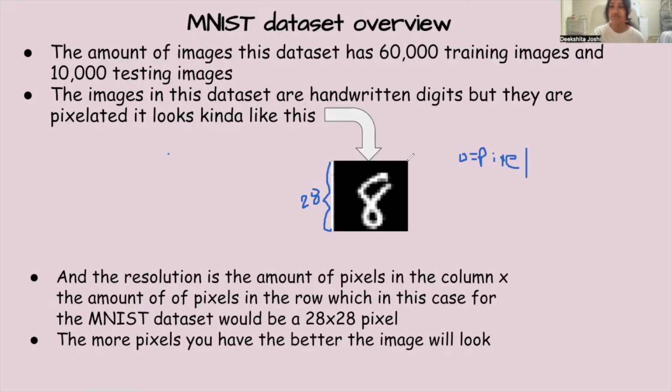It's really hard writing with this. So it's a 28 by 28 pixel, and that's basically what the resolution is. The more pixels you have, the clearer the image will look, and the easier it is to understand.